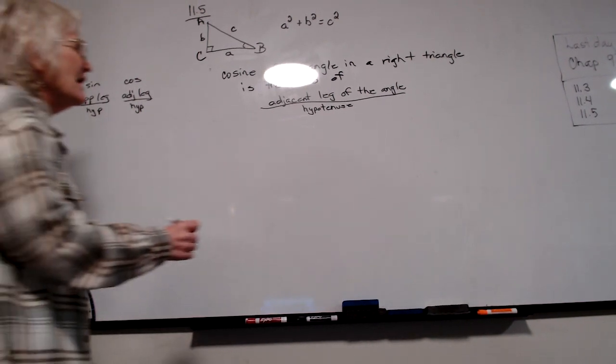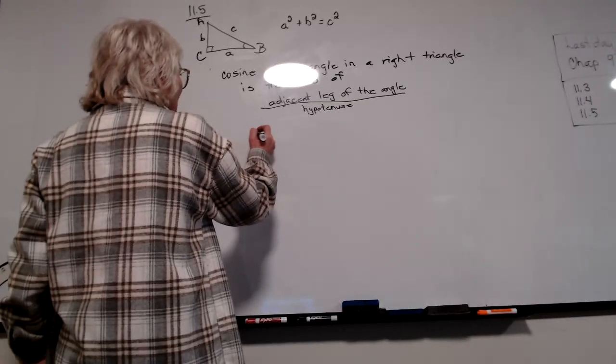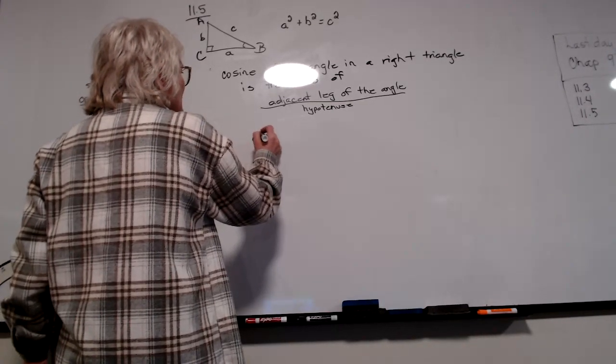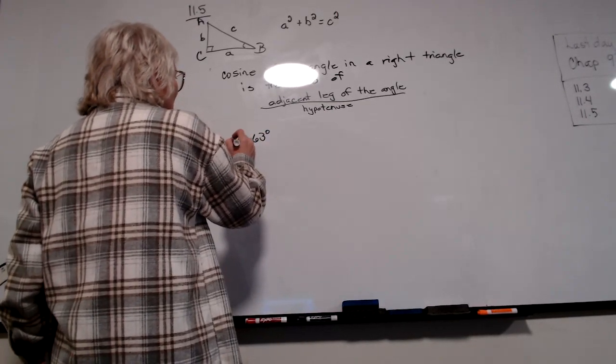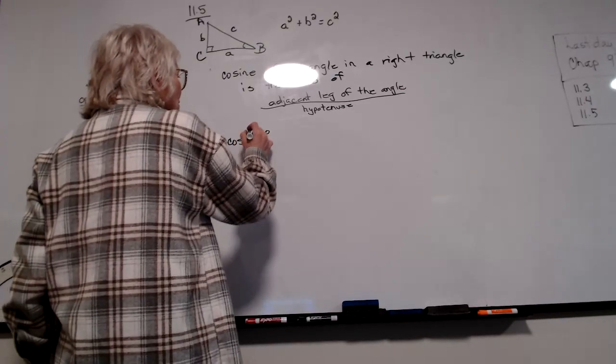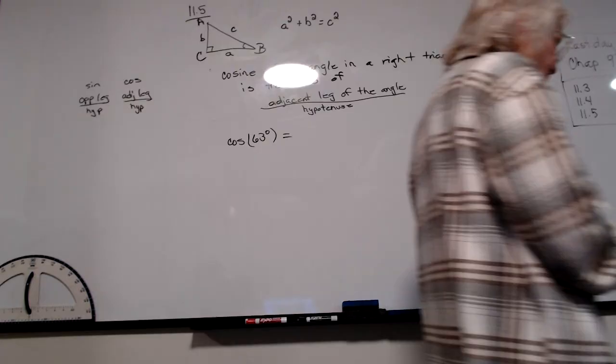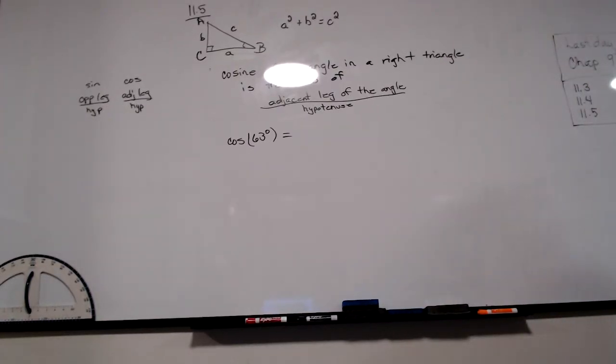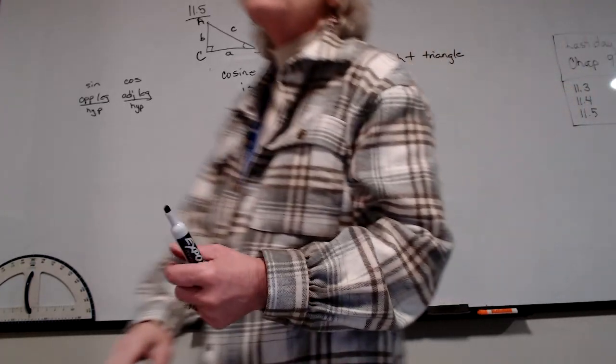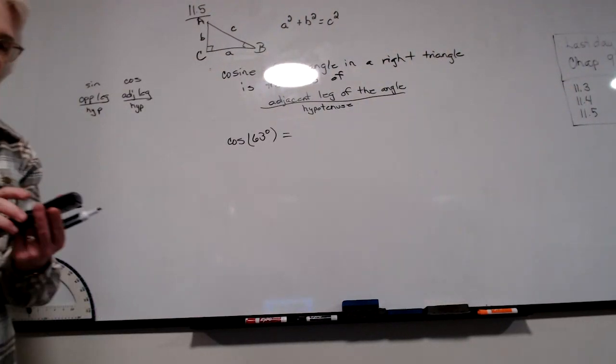So let's say I have an angle of 63 degrees, and I want to find the ratio of its adjacent side over its hypotenuse. We can just put it into the calculator under COS.